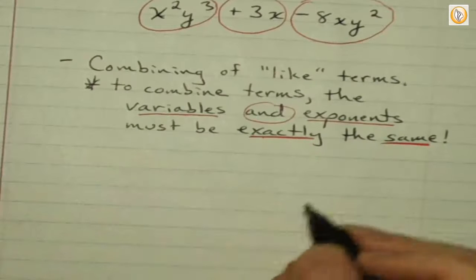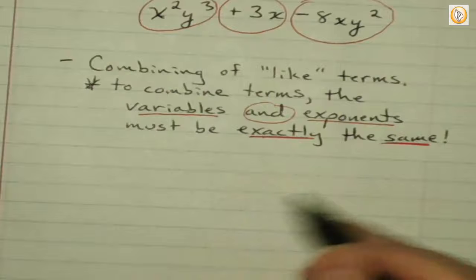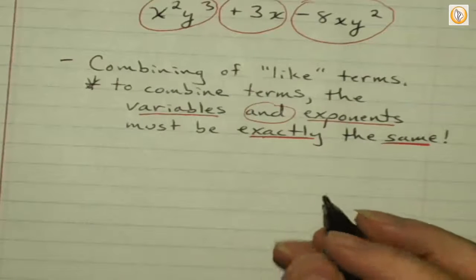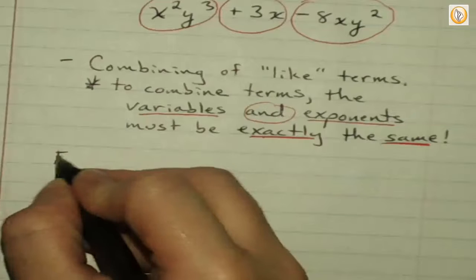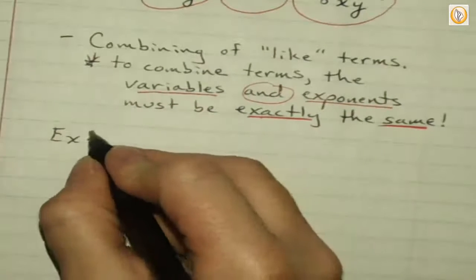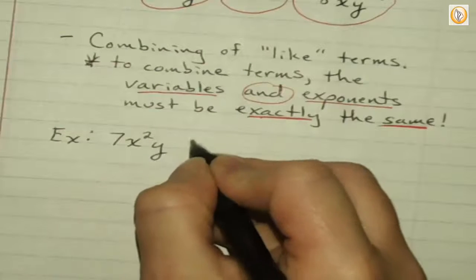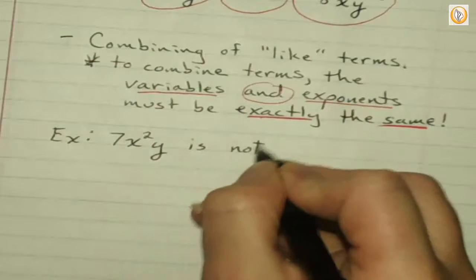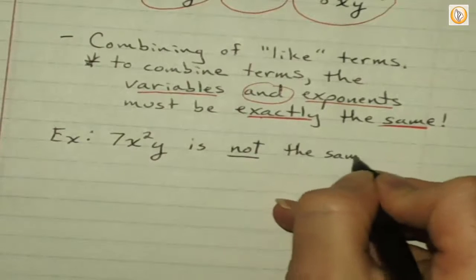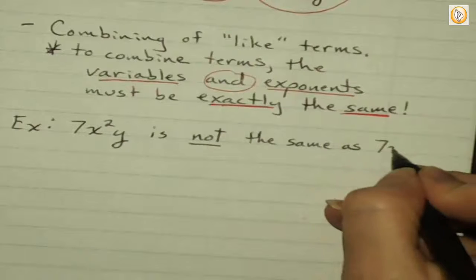This is really important. You'll see this again in Algebra 1. In fact, y'all have kind of done this already in a way. For example, 7x squared y is not the same as 7xy.